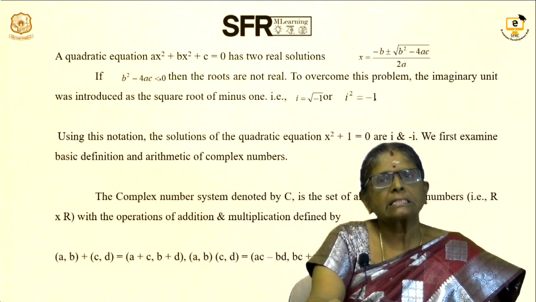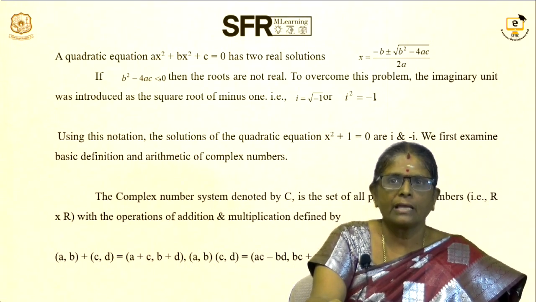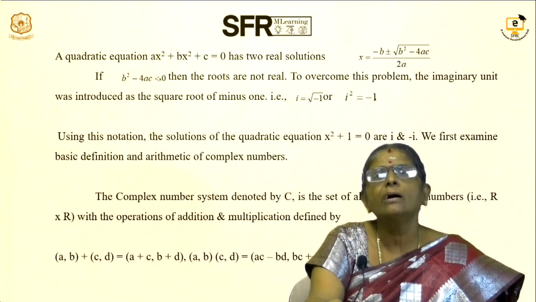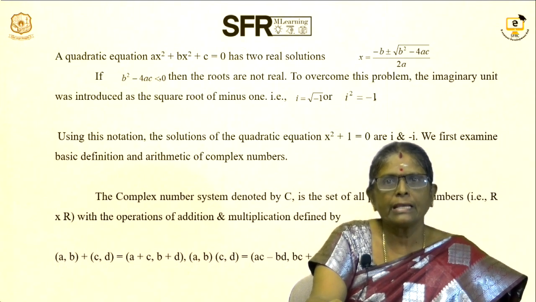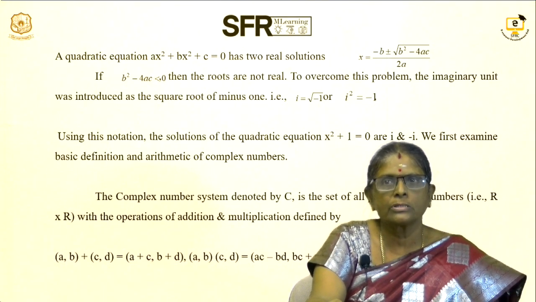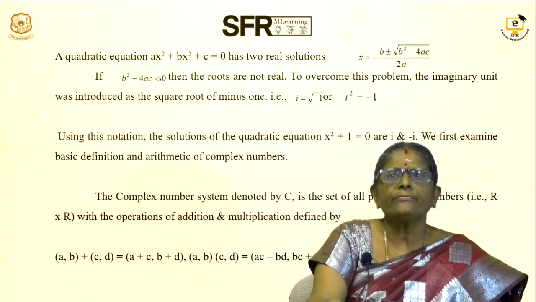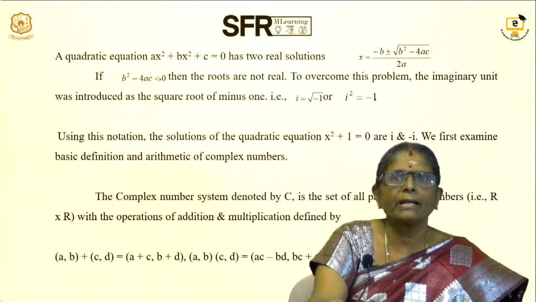How is the complex number system developed? Why is it written as a plus ib? The collection of all complex numbers is derived from the real number system. If you have a quadratic equation ax squared plus bx plus c equal to 0, we all know that it has two real roots. If the discriminant value b squared minus 4ac is less than 0, we can't find a real root.